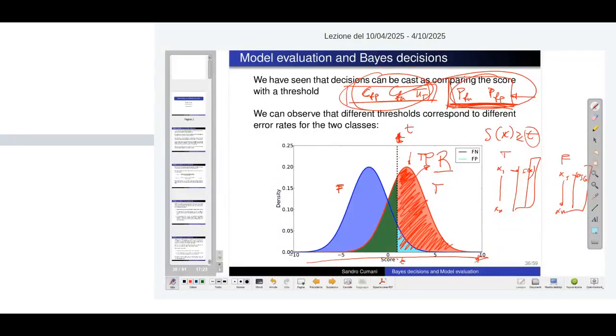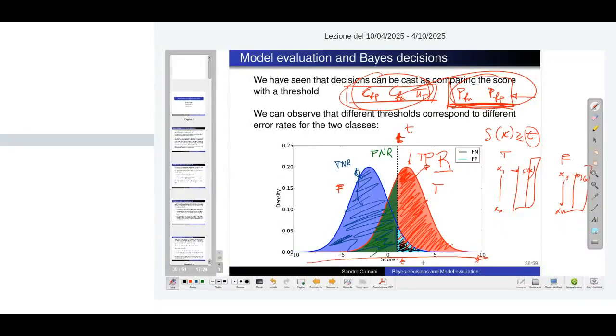The green part is what? True class samples that are predicted as false. This is the false negative rate. Then we have the true negative rate, the blue one below the blue curve before the threshold. And then I don't have a light blue, so I will do it in black.